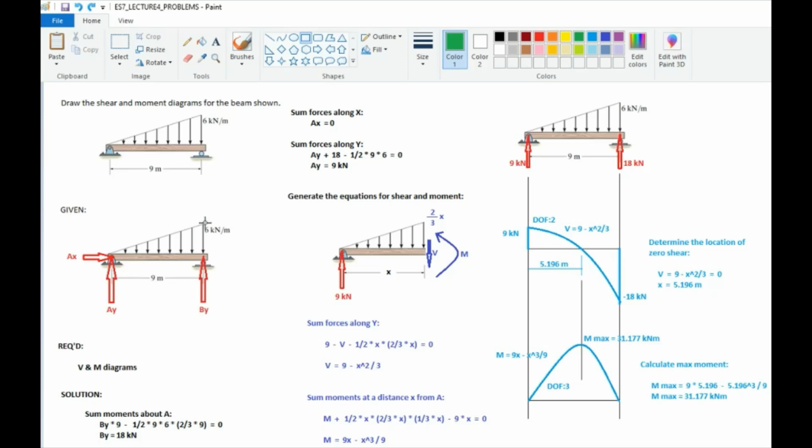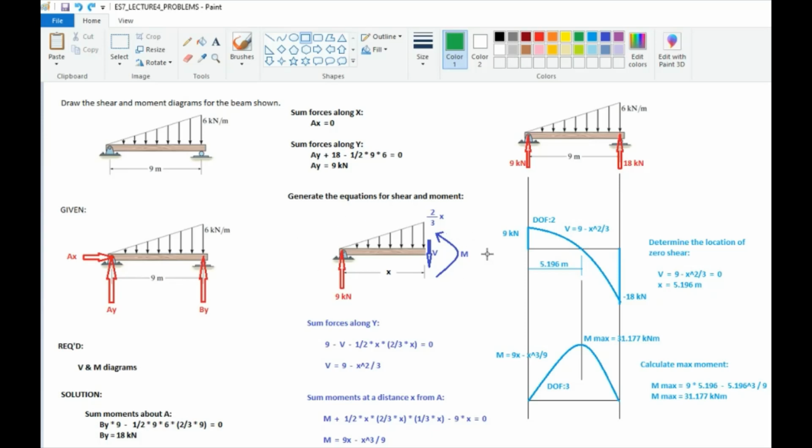So, that means our load is 2/3 of our length. So if we have a length of x, then the load here would be 2/3 of x. Okay? So, now we have a new free body diagram.